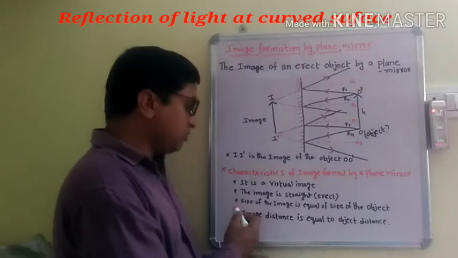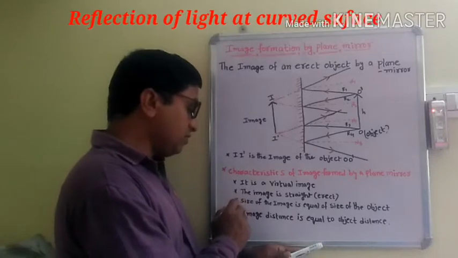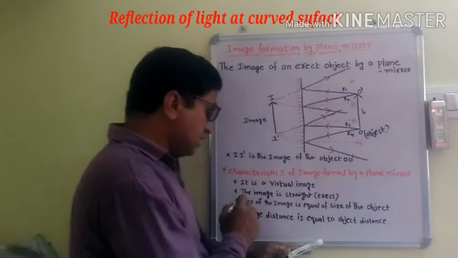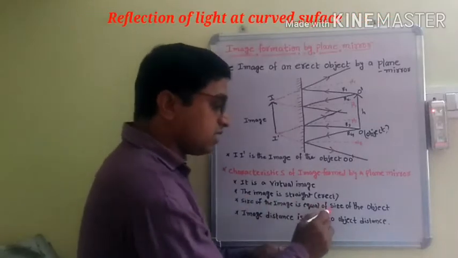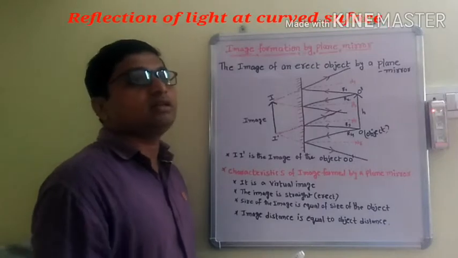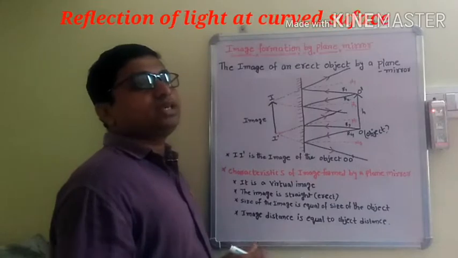Here the next point among the characteristics of the image formed by a plane mirror: the size of the image is equal to the size of the object. Whatever the size of the object, the image is also the same size.